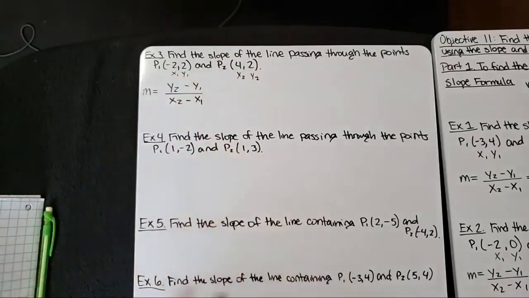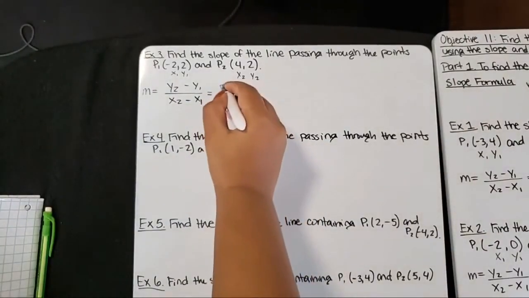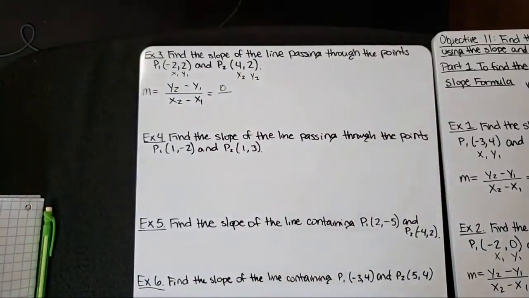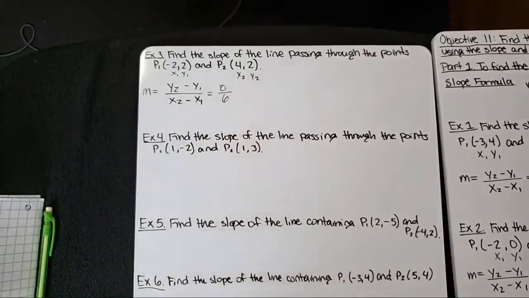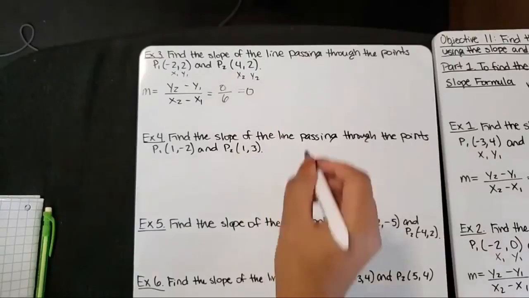You can't mix them up like that. What is x2 minus x1? So 0 divided by 6 is 0.